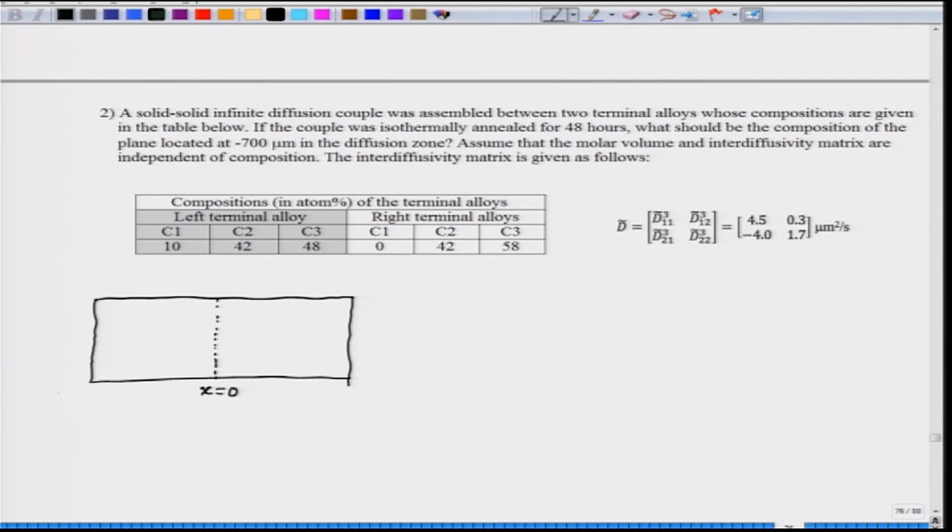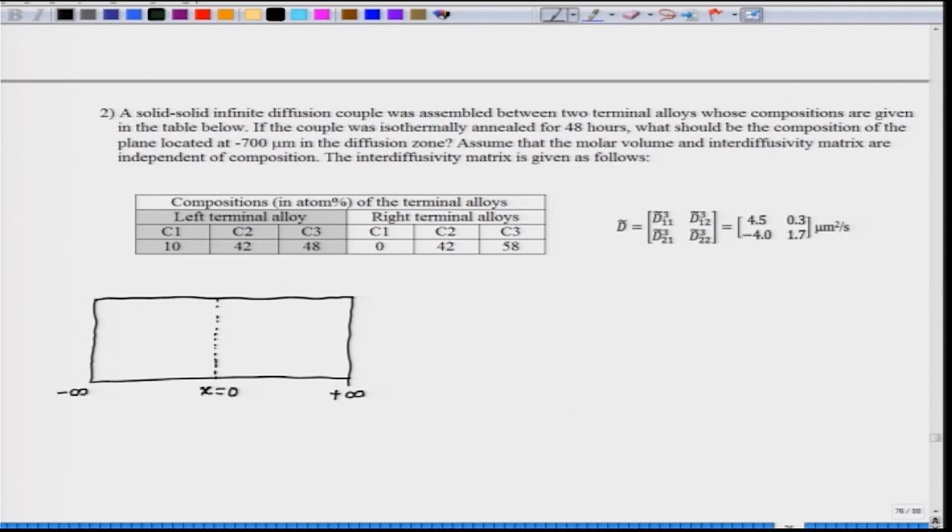So, the leftmost terminal is minus infinity, rightmost terminal is plus infinity. Again, this means that the diffusing species do not penetrate by diffusion all the way to the terminal ends, so that the infinite boundary conditions are maintained.